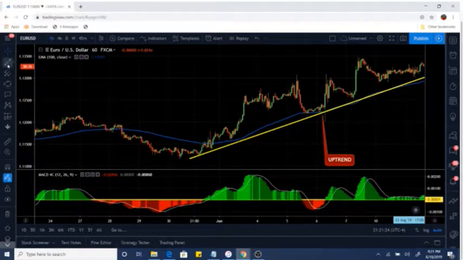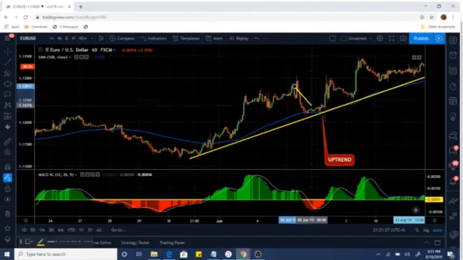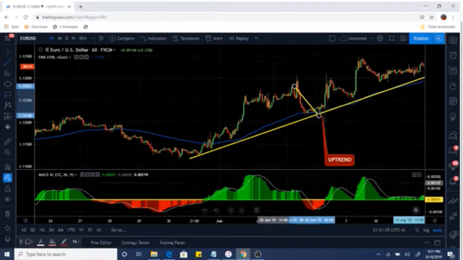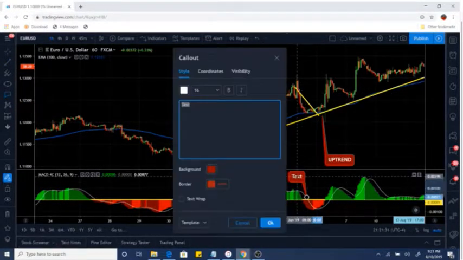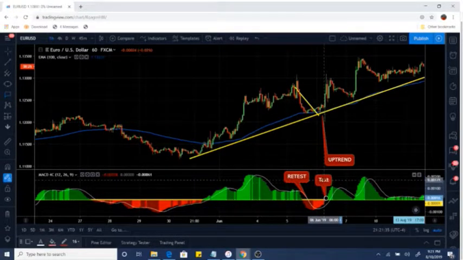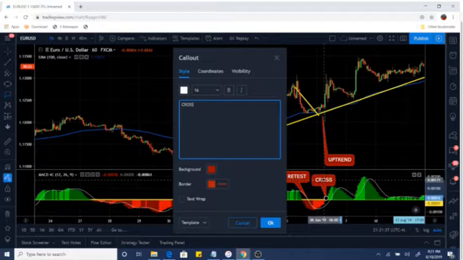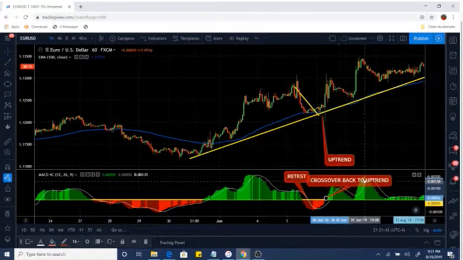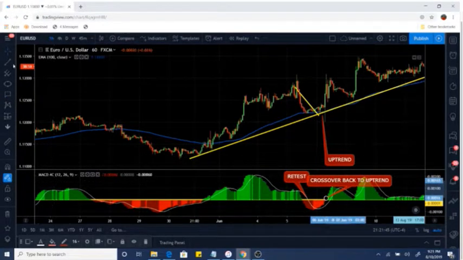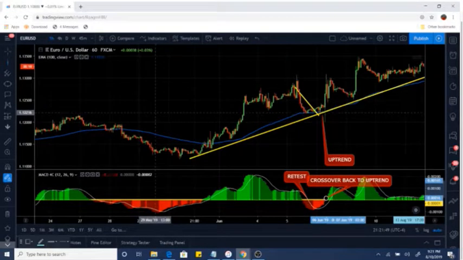I should get a retest. You see how price retested? Retest, and then crossover back to the upside. You see how that happens? You see how the two coexist? So this was my breakout right here on this uptrend.